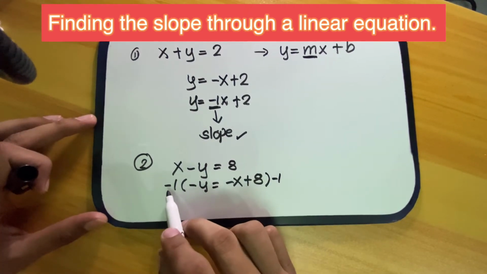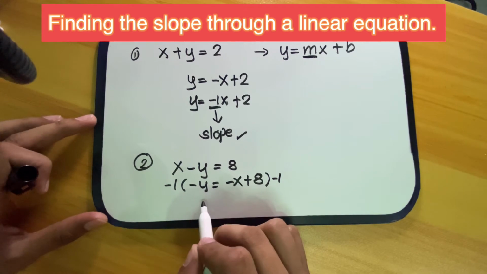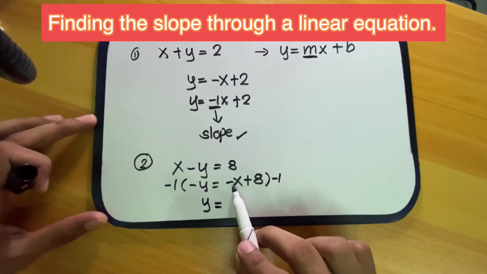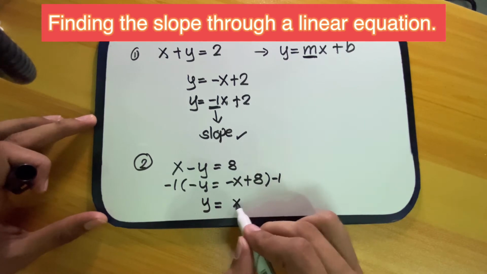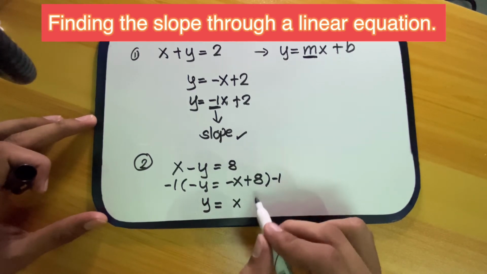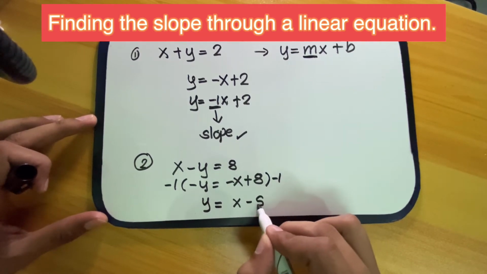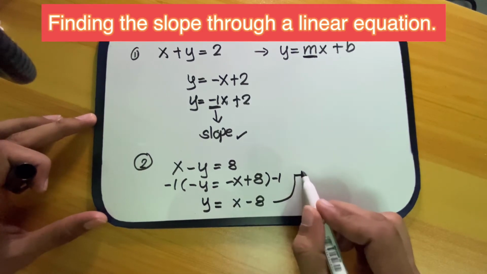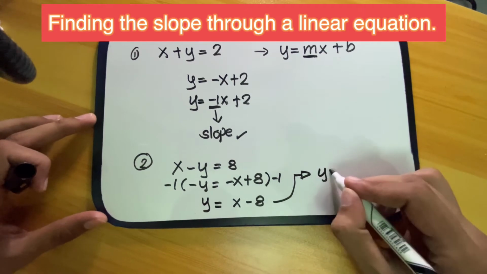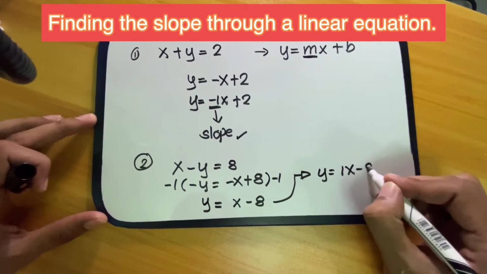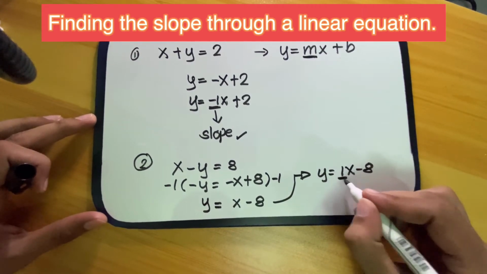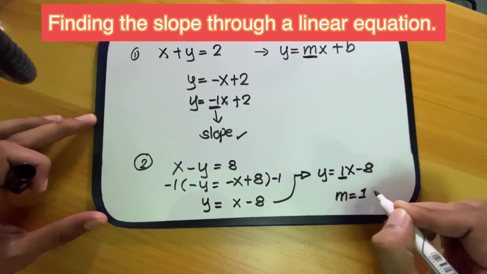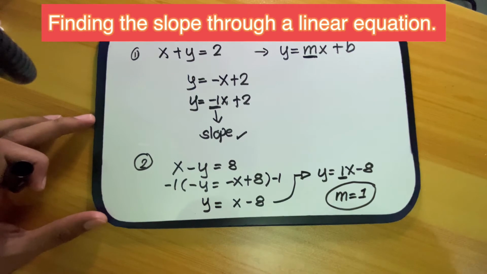Negative 1 times negative y is positive y. Negative 1 times negative x is positive x. Negative 1 times 8 is negative 8. So now we have y equals 1x minus 8. So 1 here is what we call our slope. So our m is equal to 1.